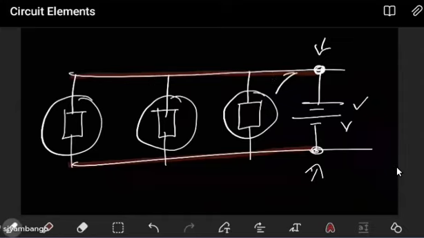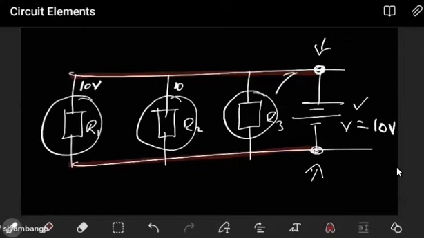For example, if this is a 10-volt supply, it ensures that this is fed with 10 volts. If in here this is 10 volts, here this is 10 volts. The only thing that will be different for these elements will be the current that will go through each one of them, because the current will depend on their resistance value. You get that?